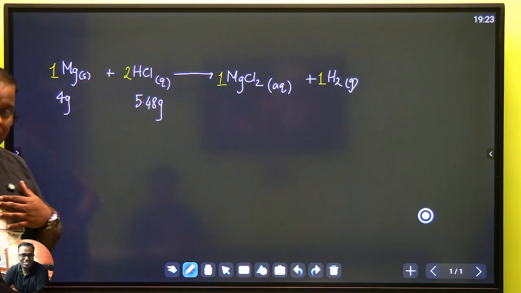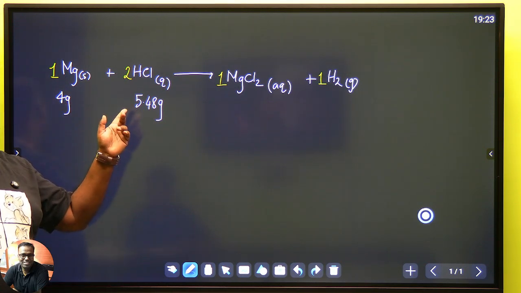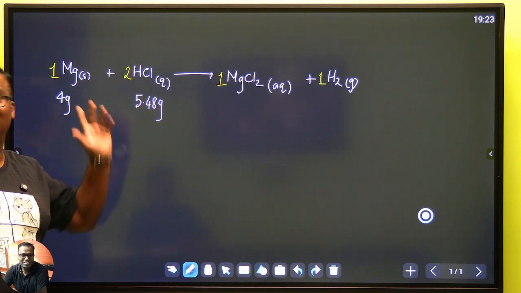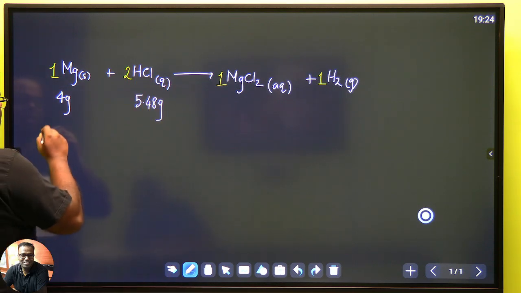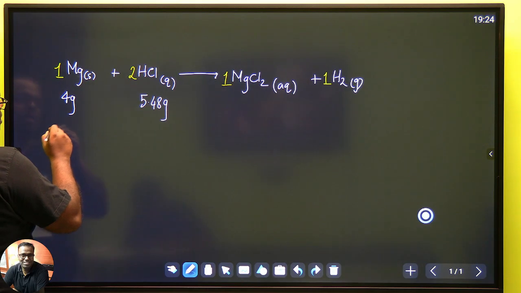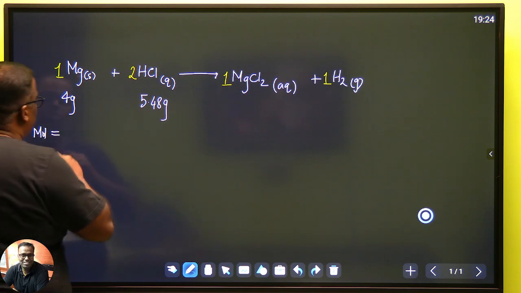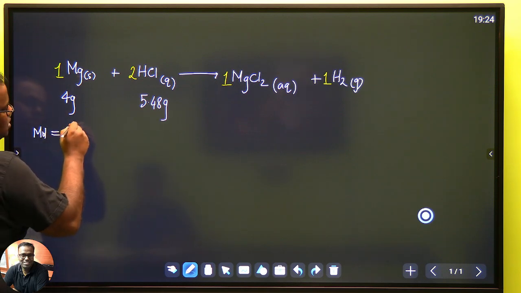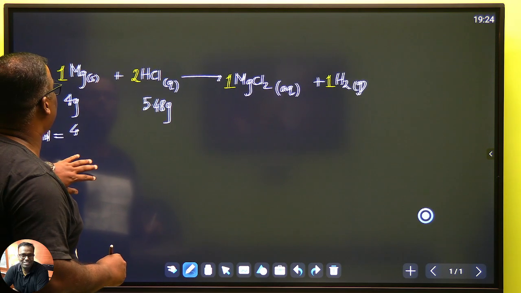So children, the first thing is don't get bogged down by the mass. Game is not on mass, game is on moles. ठीक है, तो इसका नंबर ऑफ मोल्स निकालते हैं. Moles for magnesium: given mass over molecular mass. इसका atomic mass आ जाएगा.